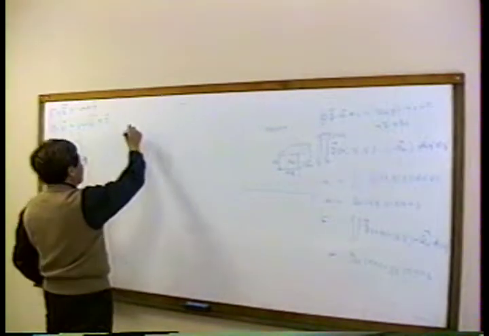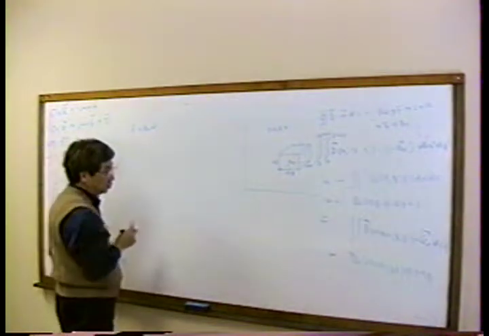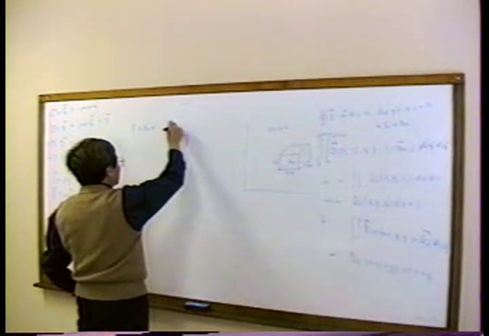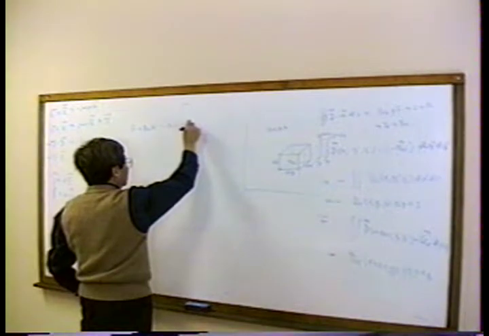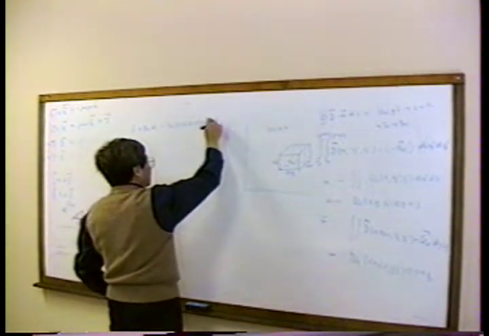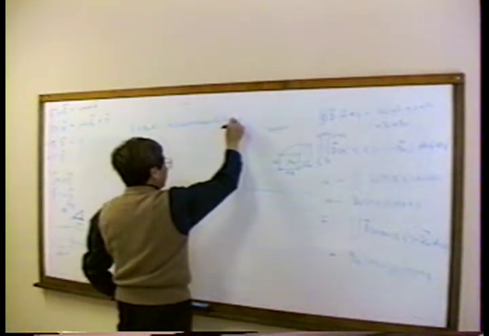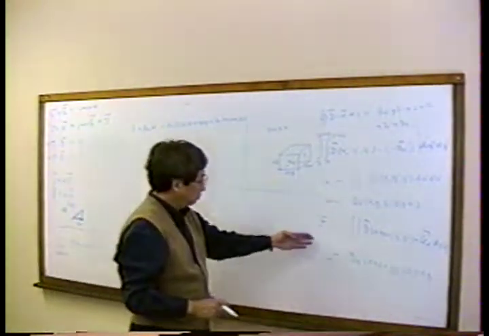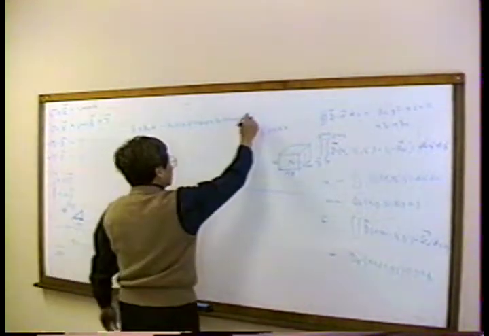So front plus back will be equal to minus D_x(x, y, z) delta y delta z plus D_x(x plus delta x, y, z) delta y delta z. Let's combine those two.